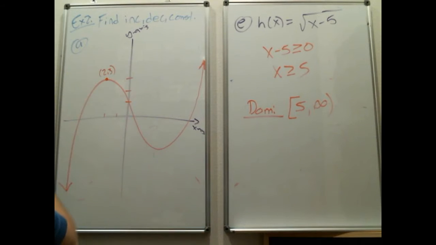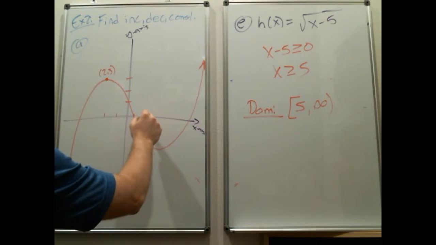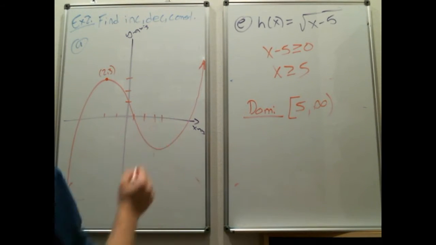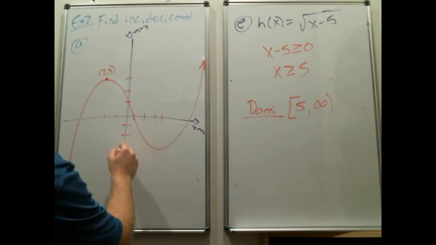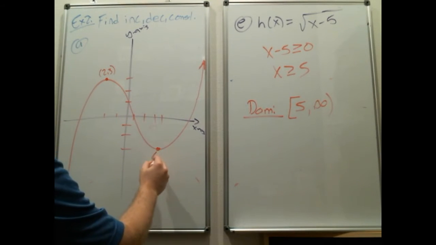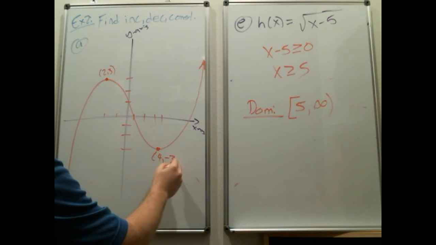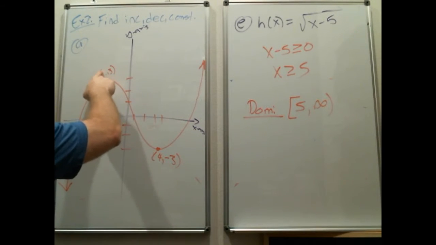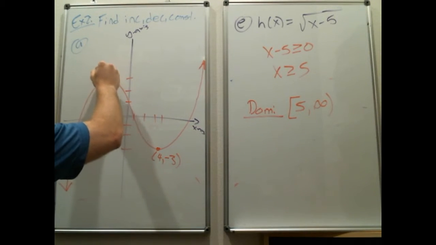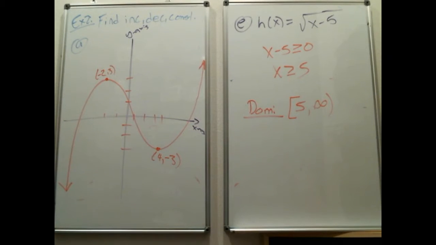This is 2, 3, and let's call this one 1, 2, 3, 4. 1, 2, 3. So this is 4, -3, and this is -2, 3. All right. So pause the video, but I'm going to go ahead and keep going.